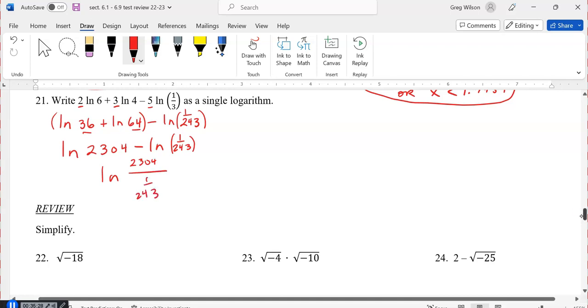And we talked about this a few times this year. Complex fractions, really dividing by this fraction means to multiply by its reciprocal. So it's really 2304 times 243. And so the answer is going to be natural log 559,872.